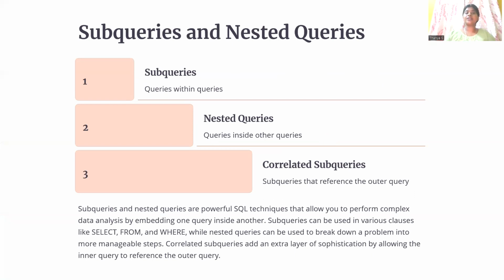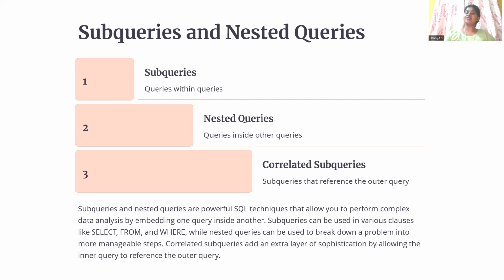Next is subqueries, nested queries, and correlated subqueries. Subqueries are queries within queries. Queries inside other queries are known as nested queries. Subqueries that reference the outer query are known as correlated subqueries. Subqueries and nested queries are powerful SQL techniques that allow you to perform complex data analysis by embedding one query inside another.